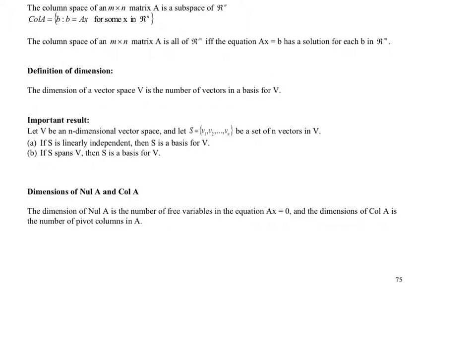Dimensions of null A is the number of free variables in the equation, and the dimensions of column A is the number of pivot columns in A. I think that makes sense, because when you're talking about a pivot column, you're talking about the variable that you're solving for when you rewrite your solution in parametric form. Okay, so I would have maybe a pivot if I had 4 variables.